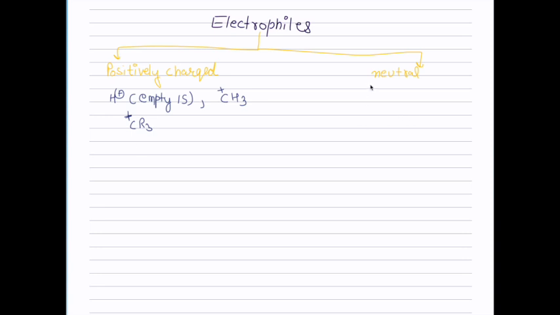Or for neutral electrophiles, we can have AlH3, BH3, AlCl3. These have a p orbital as LUMO. Even in CH3 plus, it also has a p orbital as LUMO.